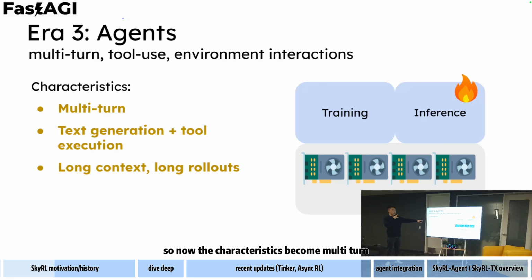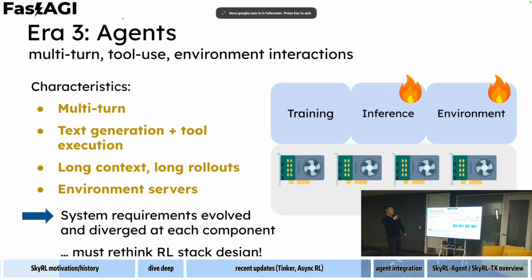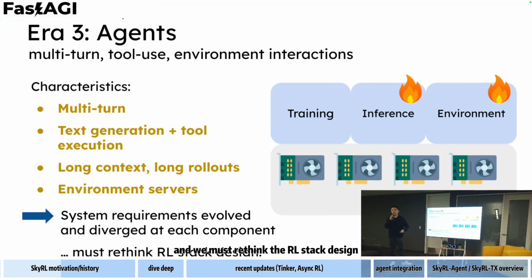So now the characteristics become multi-turn, where besides generating text, there's also execution of the tools, and it's both long context and long rollouts. And we not only have inference as a systems component, there's also the environment. So yeah, systems requirements evolved and diverged for each component, and we must rethink the RL stack design.